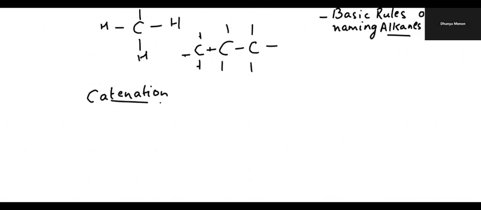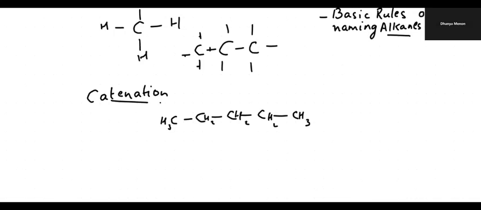For example, here carbon is forming a long chain. It is bonding with other carbon atoms, and these bonds are very strong.